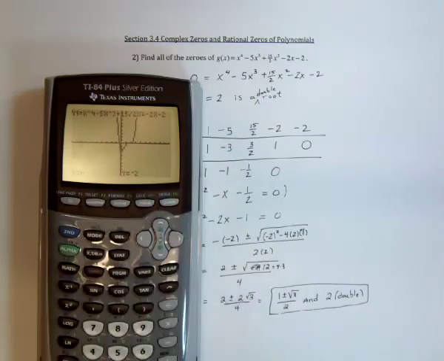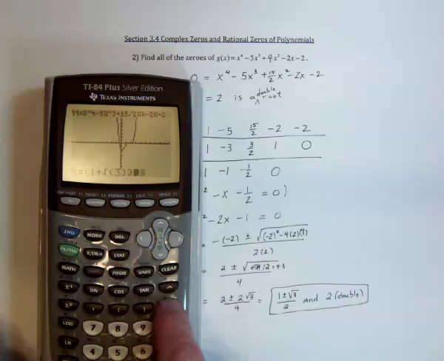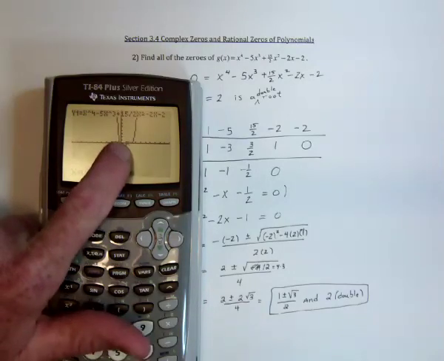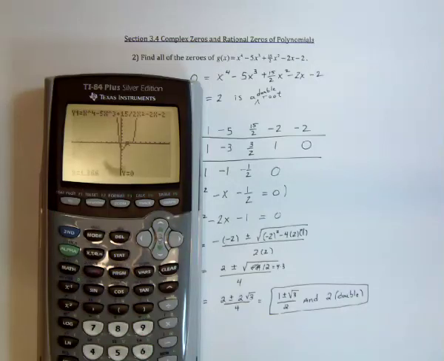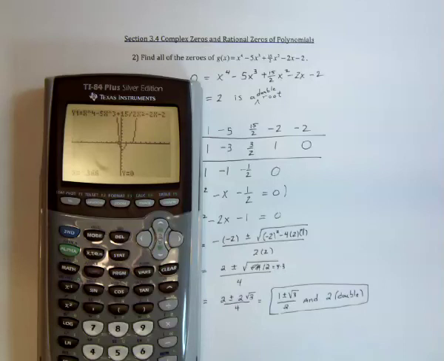So trace, put in parentheses, 1 plus the square root of 3 divided by 2, and that should be where it's crossing right over here. Alright. And then check the other one, which is 1 minus the square root of 3 divided by 2, and that should be that x-intercept right there. Perfect. We got all of them.